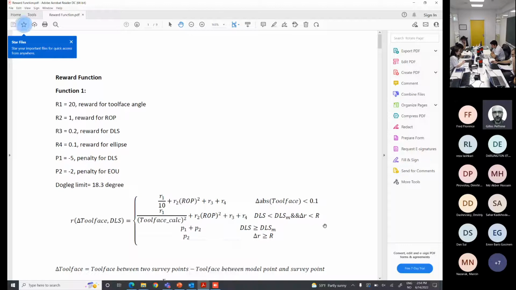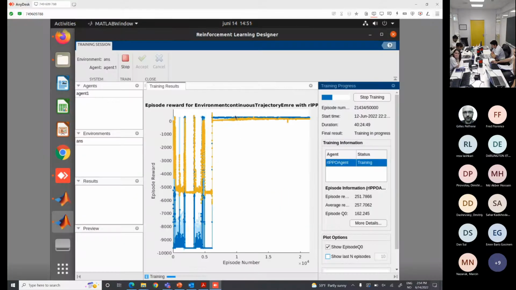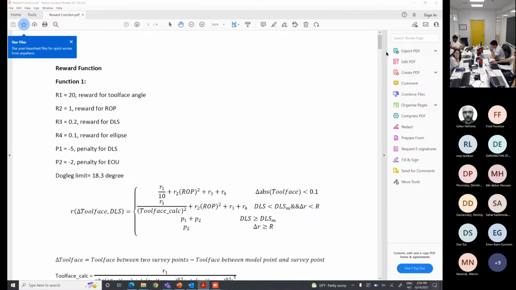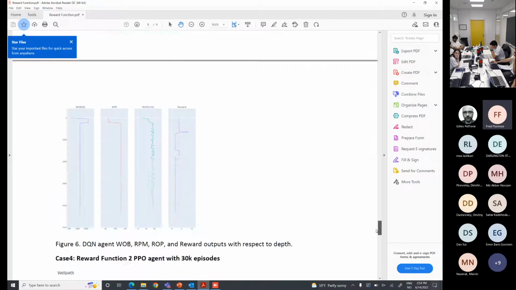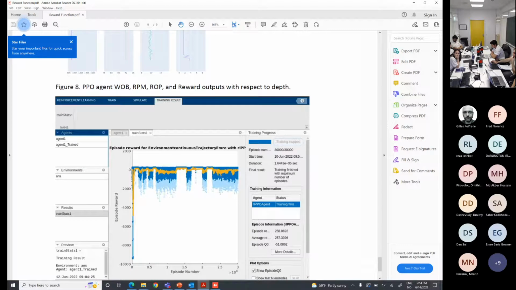So how does the result depend on these values we see here, L1, L2, L3, L4, and P1, P2? Do they strongly affect the results? How do your results depend on this choice? This is a choice, right? Yeah, maybe I can show from here. So this is the agent.